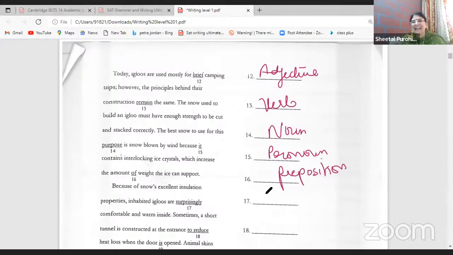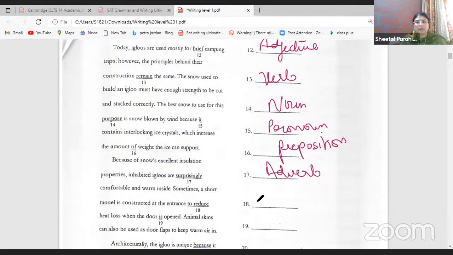Surprisingly is an adverb. Ly, I told you, is a common ending for adverbs. Then we have to reduce. It's an infinitive form of the verb. To plus verb is infinitive. Right? Write it down, all this. Then we'll do the remaining.